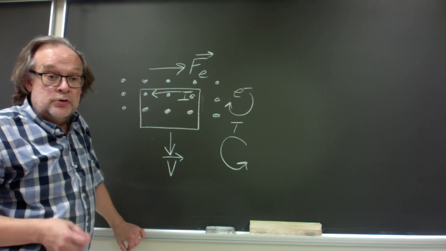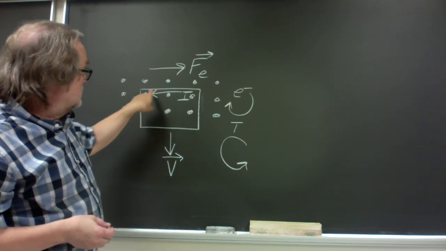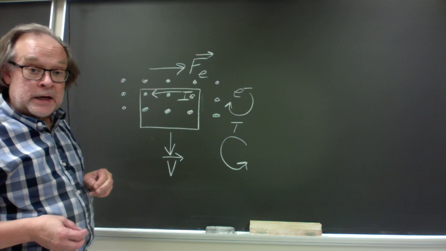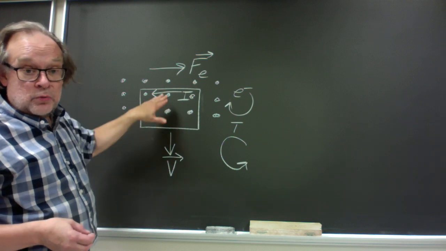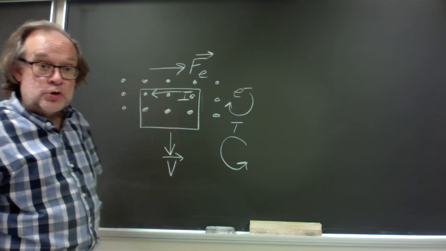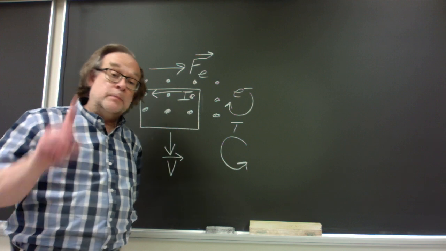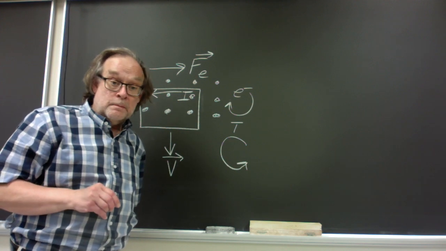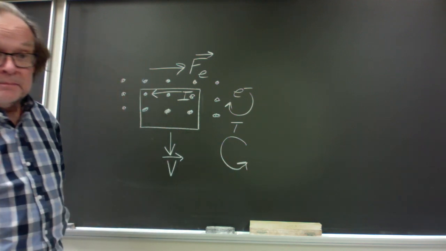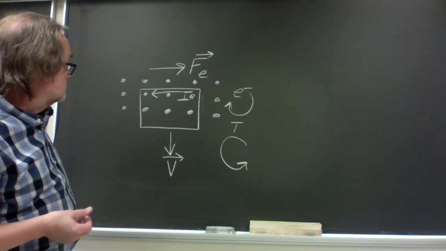In other words, you get current pushed around only when this loop is part in and part out of the magnetic field. That'll be an important point later in tomorrow's topics.